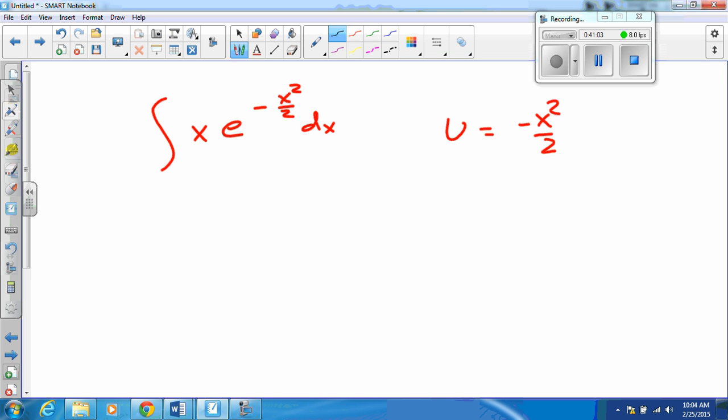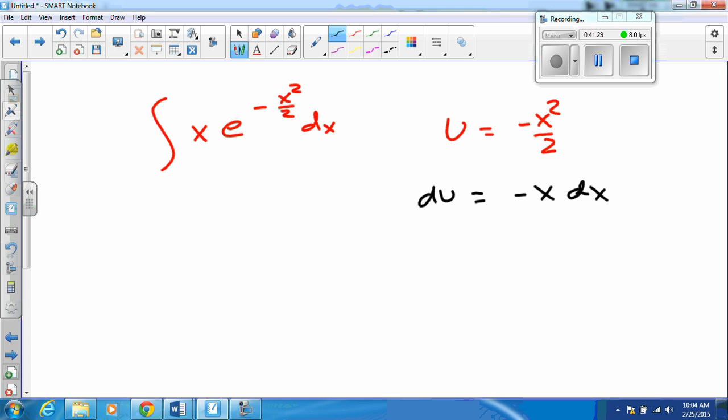Alright. Now, our first order of business is to compute du. And when I compute du, which is the derivative of u times dx, what do I get, James? Negative x dx. The dx is not an optional decorator. It represents a small change in x that I multiply by rate of change to get a small change in u.